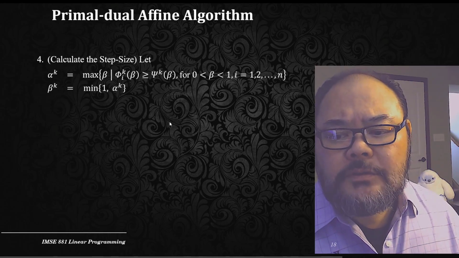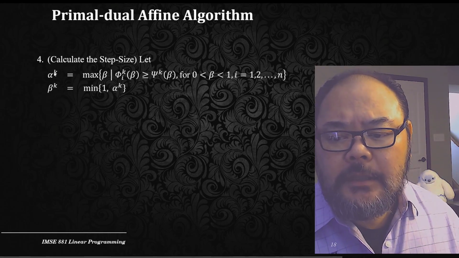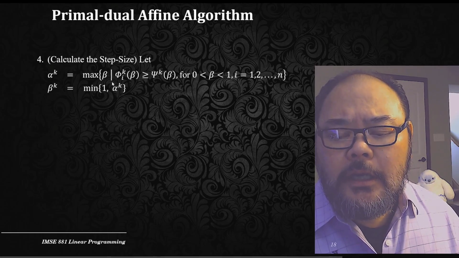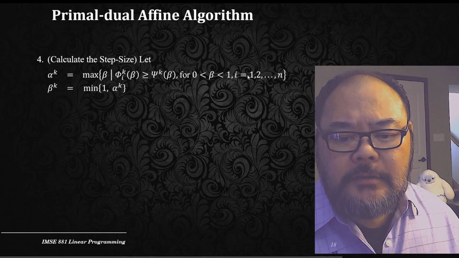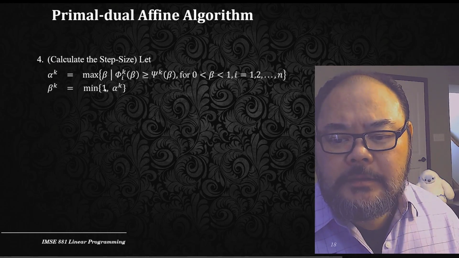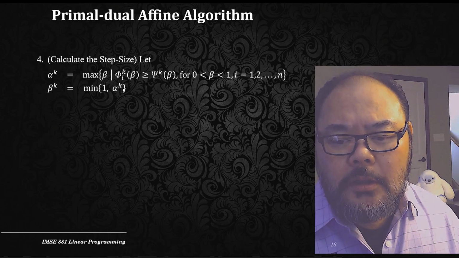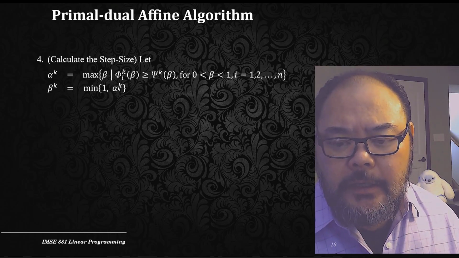Step number 4 is determining the step size. Like we said before, we calculate an alpha k as the upper bound for the step size, and this upper bound can be either 1 or whatever alpha k is, so we don't want it to be greater than 1.